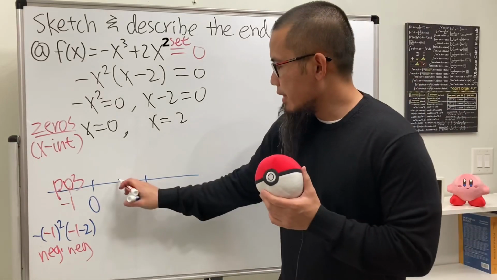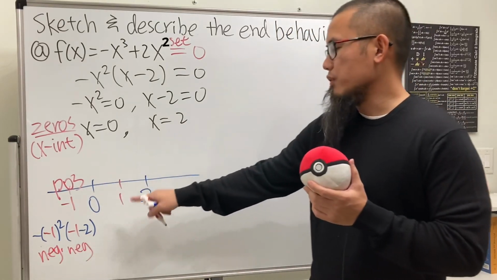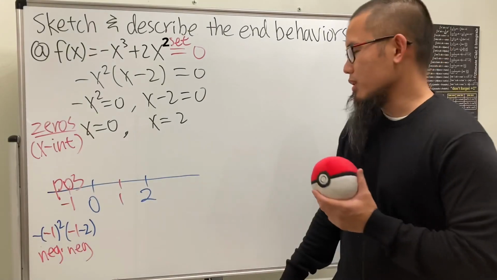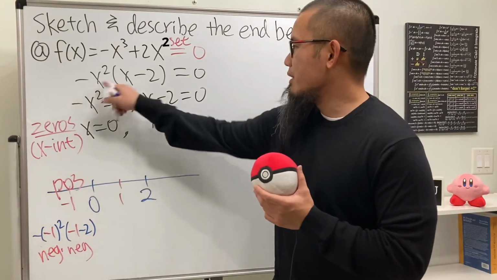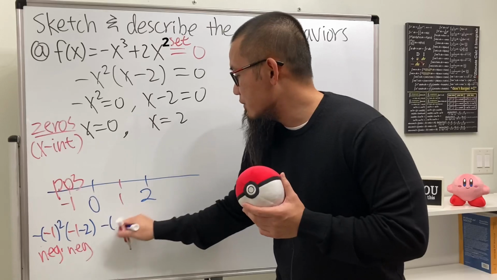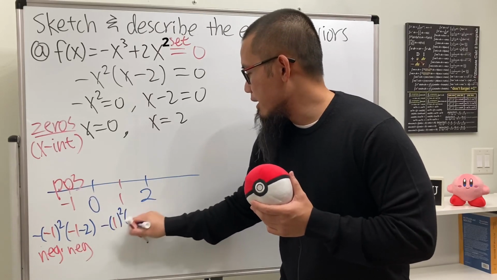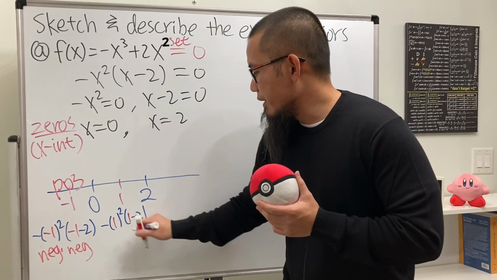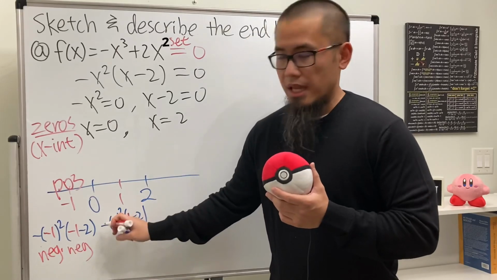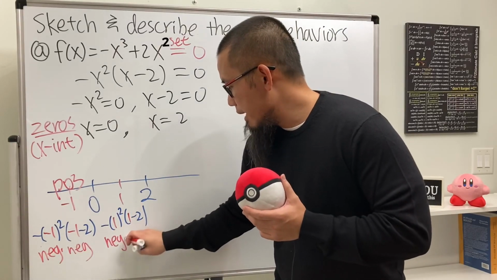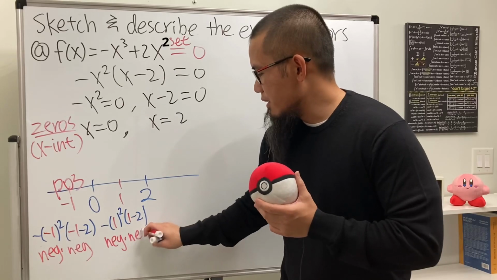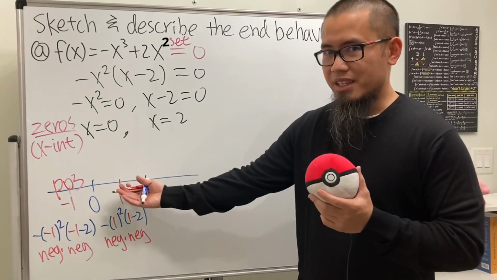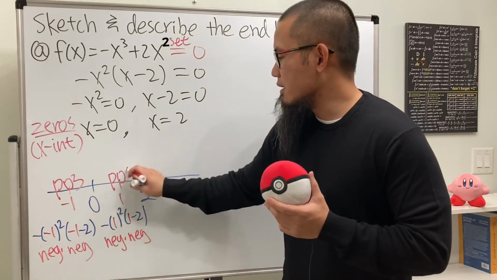Alright, so we're just going to repeat the same process for the next 2 intervals. So right here, let's pick 1, because that's in between 0 and 2. You can pick any number that you want. But anyway, put 1 here and we get negative 1 and then square and then 1 minus 2. First part is going to be negative, and the second part is still negative. So in fact, the second interval is still positive.